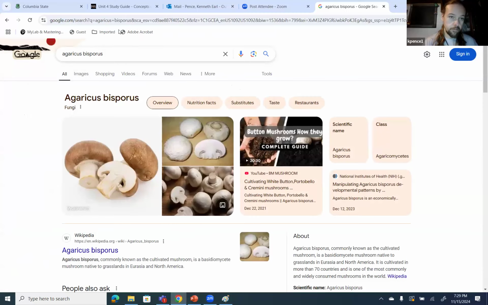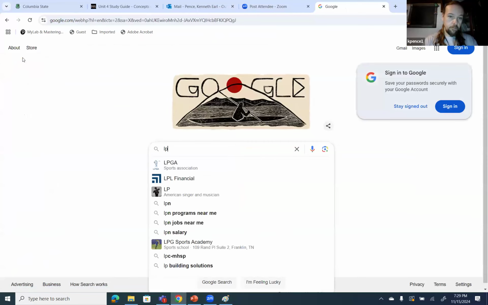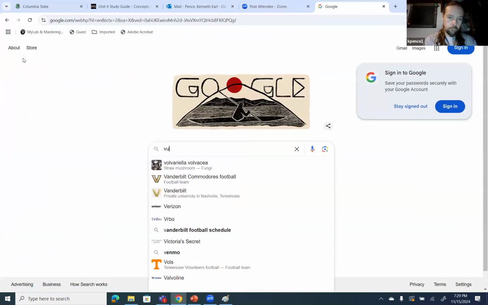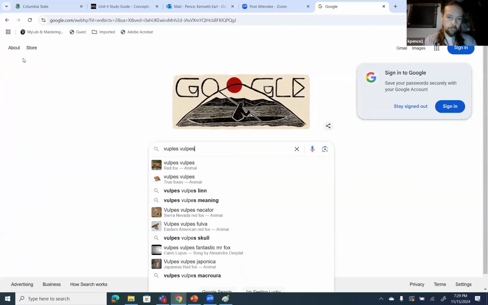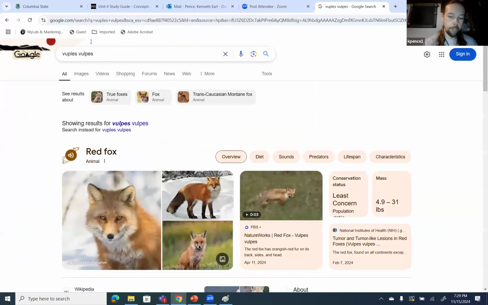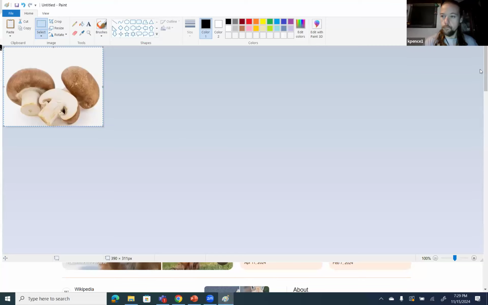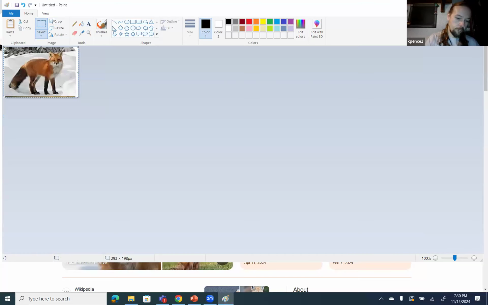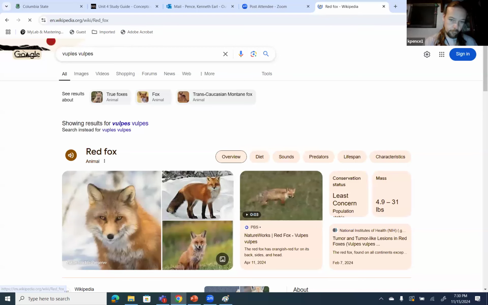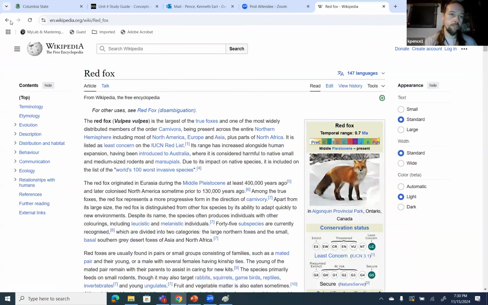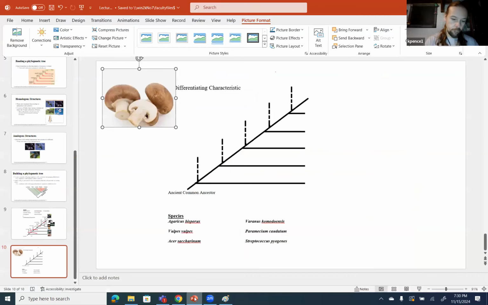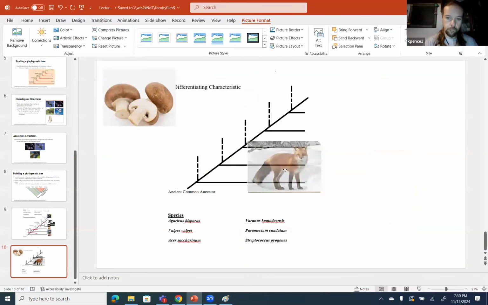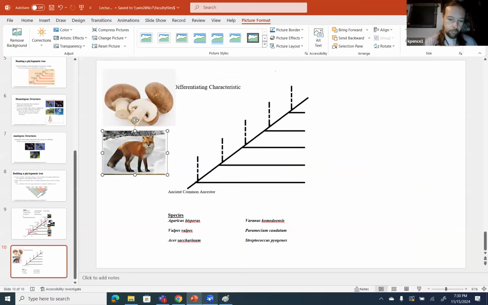I know what that is. Is fox. Acer saccharum.